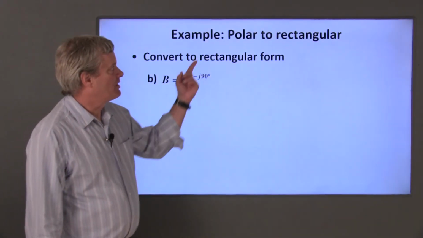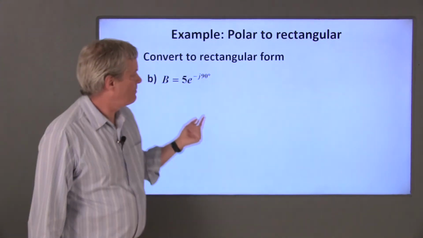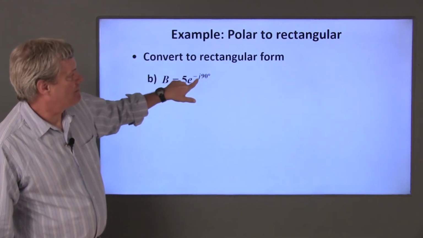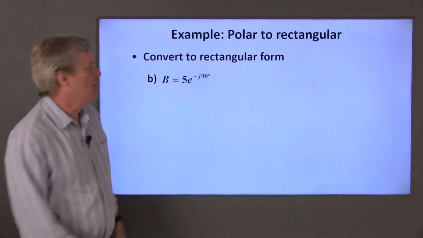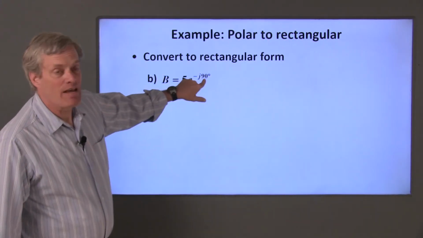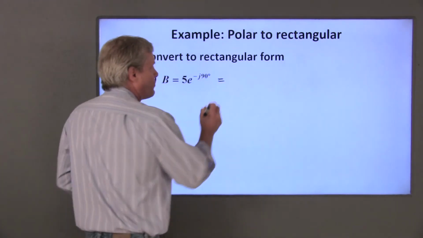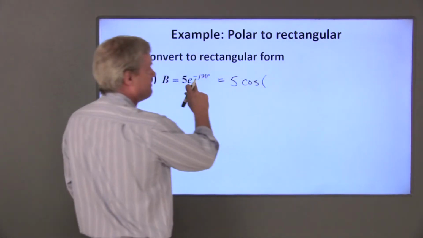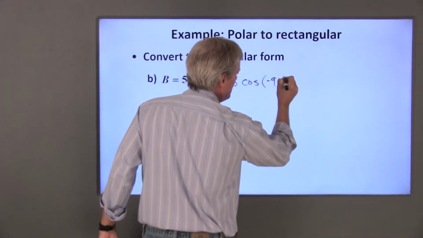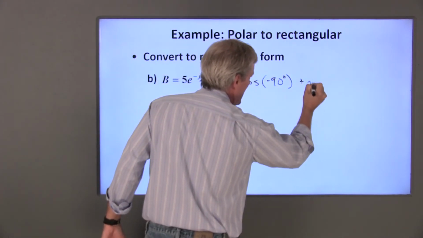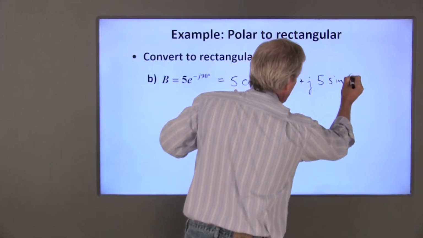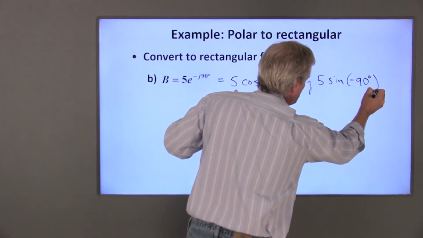As another example of conversion from polar to rectangular form, this number is in complex exponential form, 5e to the minus j 90 degrees. So I've got a magnitude and a phase angle. The real part of this is going to be 5 times the cosine of the angle, which is minus 90 degrees, plus j times the magnitude 5 times the sine of minus 90 degrees.